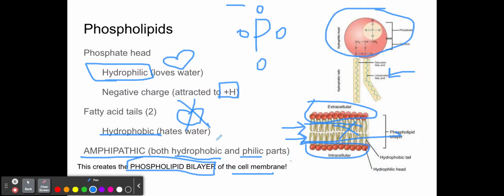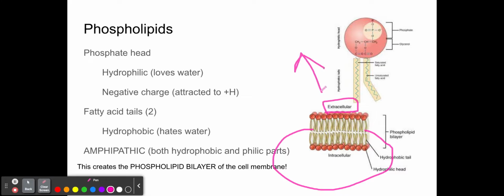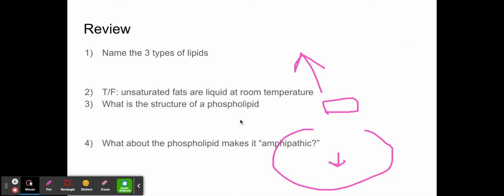So that's a picture of the cell membrane. Let me clear out my coloring here and I'll show you. If this were a cell, I would draw this cell kind of like this, right? Here's extracellular. So this would be outside of the cell and this would be inside the cell. So that's kind of cool. So fats are very important. Lipids are very important in your diet because they make up cells.